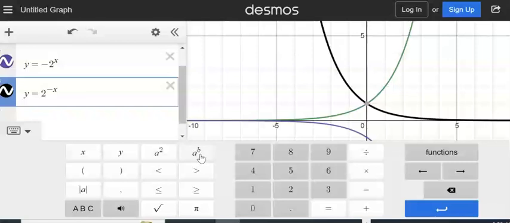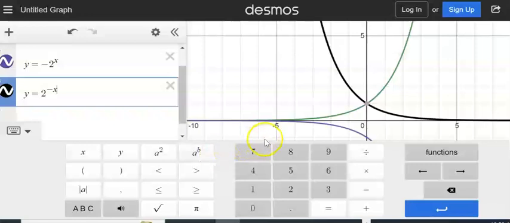That's what geometry is. Agreed? Geometry, like me, I was not a good geometry student. This is kind of hard for me. But I do it so much, I've gotten decent at it. Okay, does this make sense so far? The negative out in front negates the y, so it reflects it across the x-axis. The negative's with the x, then you're going to negate the x and reflect it over the y.